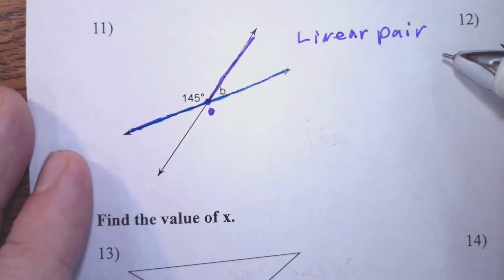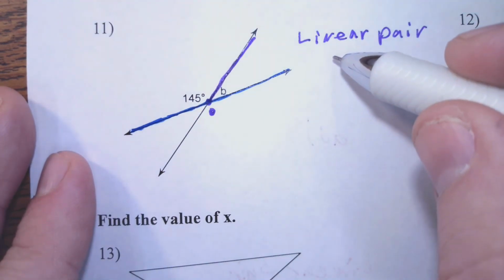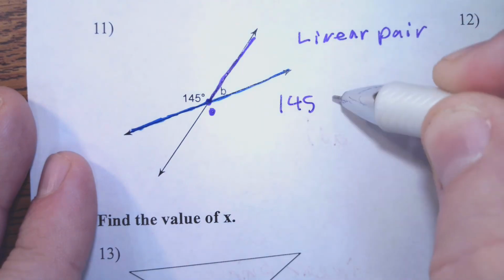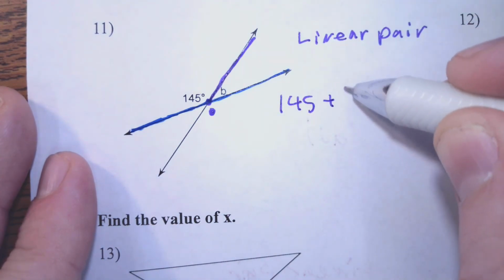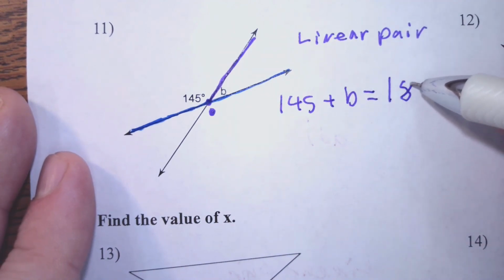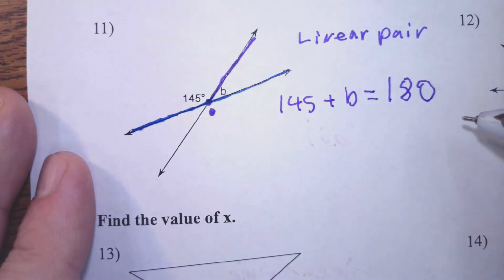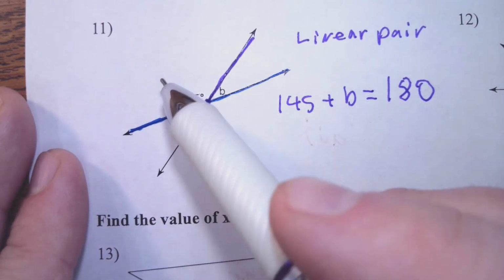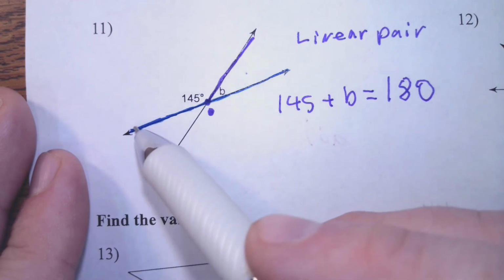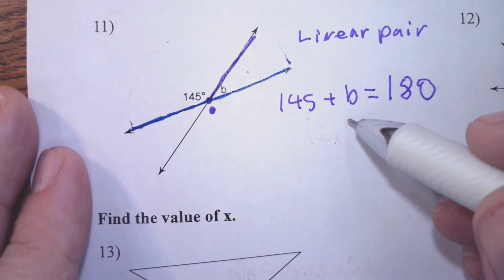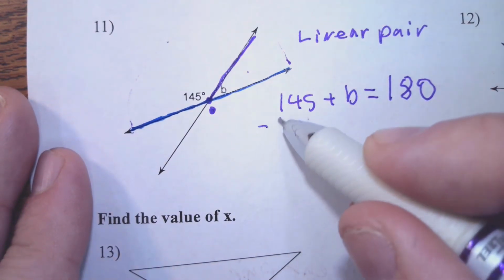The linear pair postulate states, for our purposes anyways, that angle 1 plus angle 2 are supplementary, and supplementary means they add up to 180. It makes sense, right? If the angle addition postulate, which we did do, basically if we add those two angles, it's going to equal this whole straight angle, which is 180. And so it's just this.